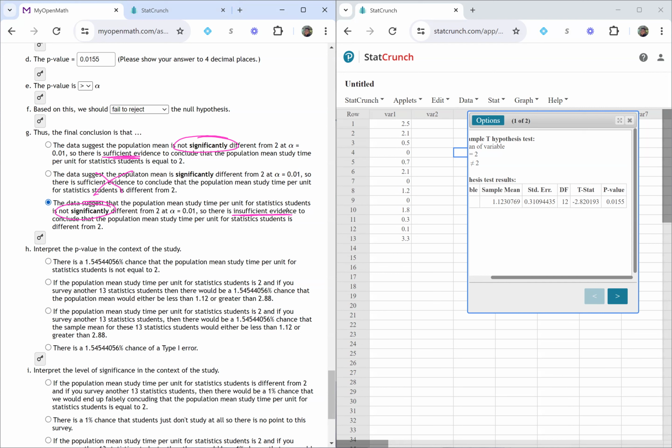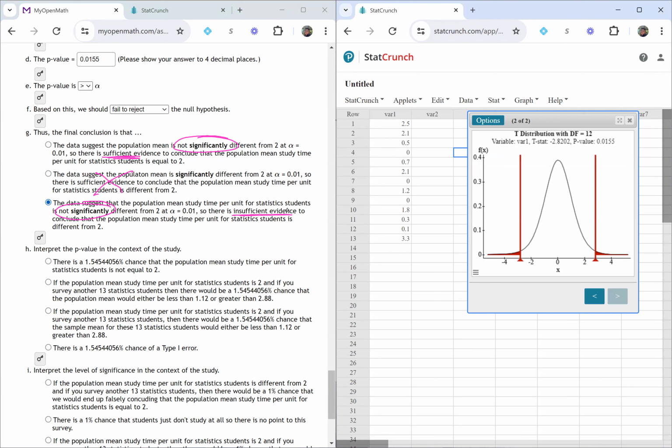Now, if you go back to StatCrunch and look at this picture, the p-value is saying that we have these tails that we're going to be looking at. So if we think about this p-value of 0.0155, that corresponds to 1.55%.